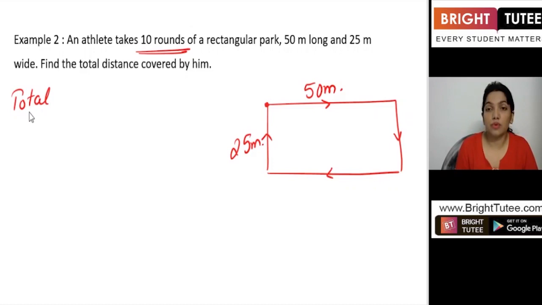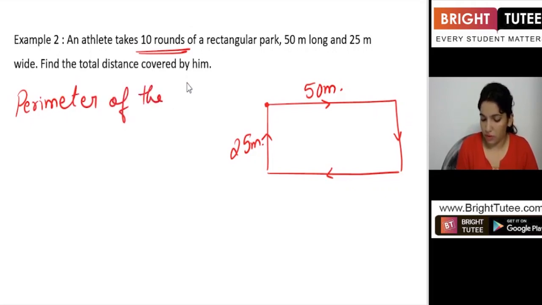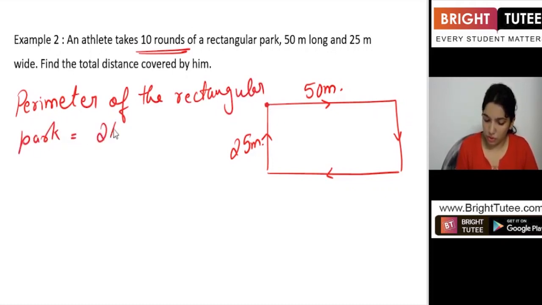In order to find the total distance, let us first write down the perimeter of this shape. Perimeter of the rectangular park is equal to 2 times length plus breadth, right?